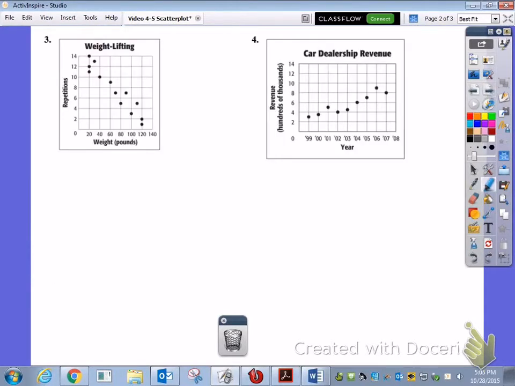Number 3. Now, they're kind of tight together, and it looks like I'm starting up high, and generally they are moving down. Okay, you always start from the left and you go to the right. So since this is moving down, like think about your little snowboarder who's going downhill, okay?